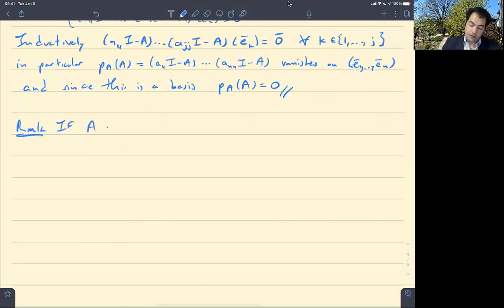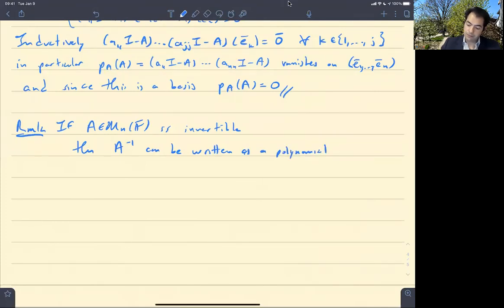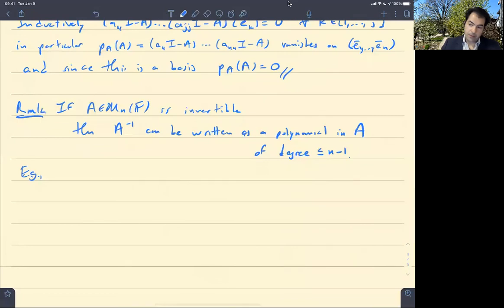If A is an n by n matrix that is invertible, then the inverse matrix can be written as a polynomial in A of degree at most n minus 1. So for example, let's say you have the matrix [2, 7; 0, 3].